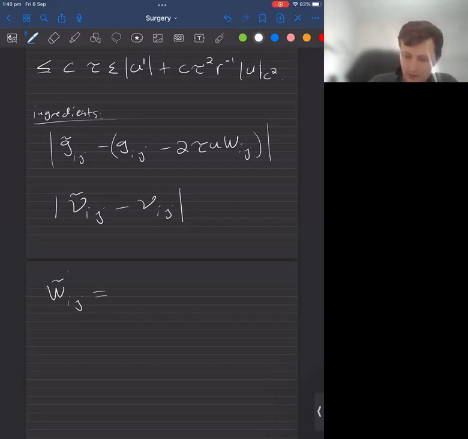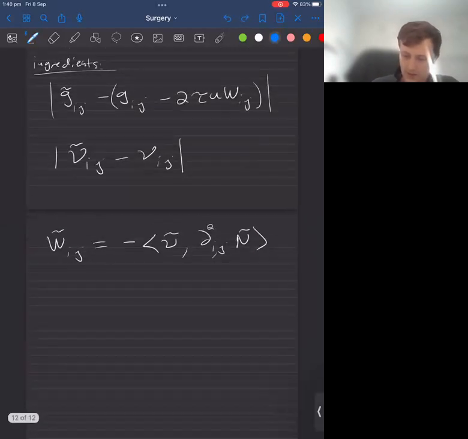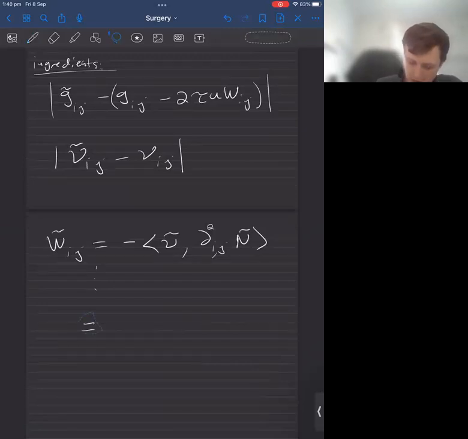So how do you write this? Well, this is minus nu tilde, the normal of the new surface, and then you take the second derivative with respect to ij of the n tilde. The second derivative of n tilde you can work out, because we have an explicit formula for it, in several steps that I won't do here, but it compares to the original second fundamental form in the following way.